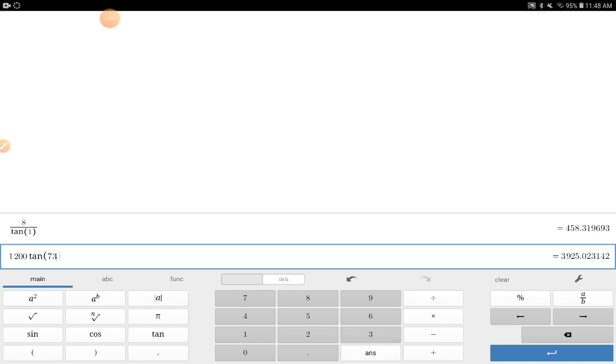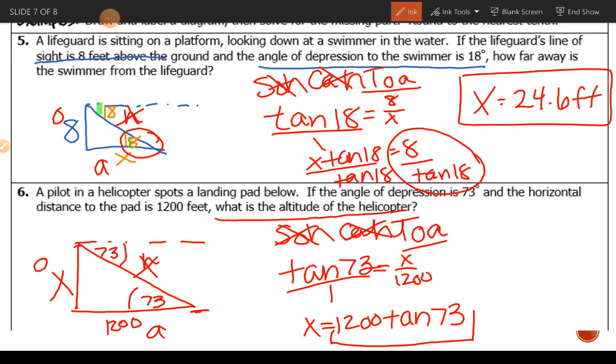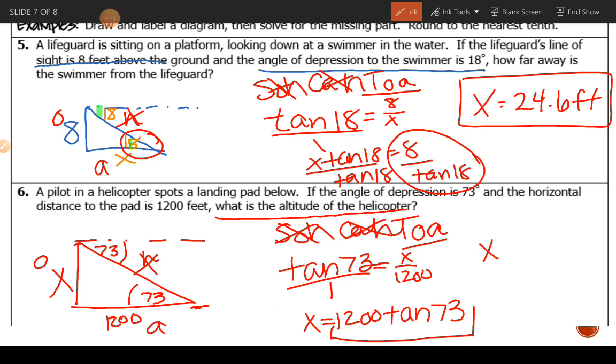We get 3,925.02. The 2 is going to tell the 0 to stay. So our answer for how far away is it, or how high is it in the air, is going to be 3,925 feet. Okay.